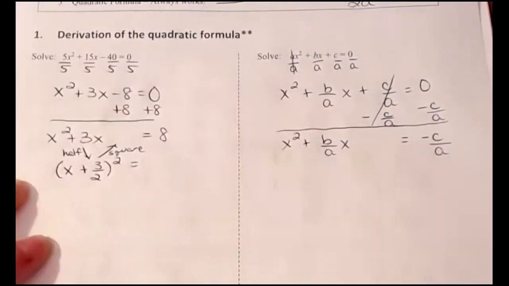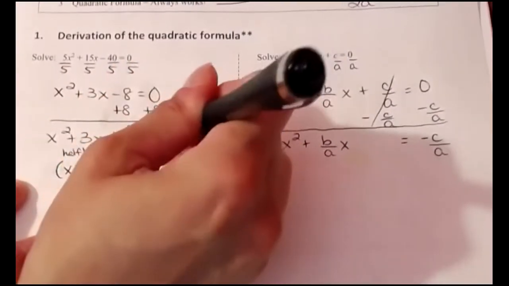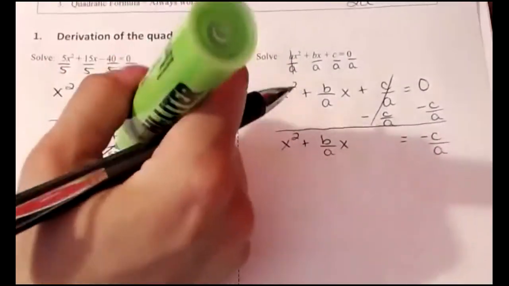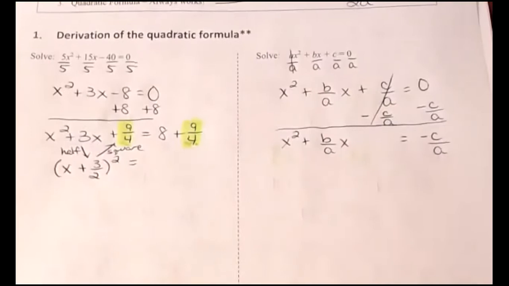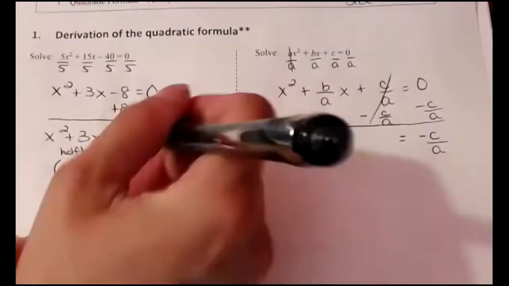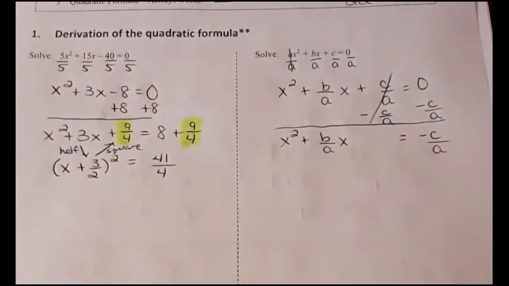So 3 over 2 times 3 over 2 is 9 over 4. What you do to one side, do to the other. Notice that I've added the 9/4 to both sides. When we combine 8 plus 9/4, that's going to give us 41/4. You can do the math to verify that that is actually correct.